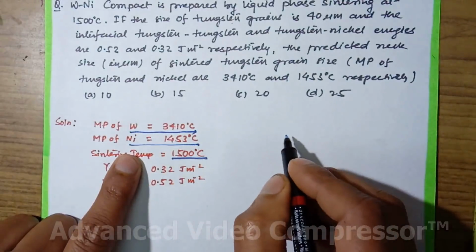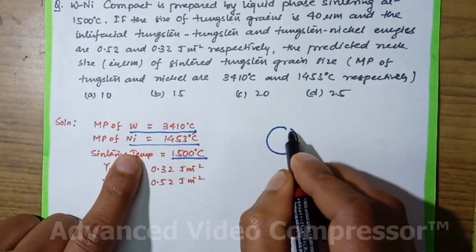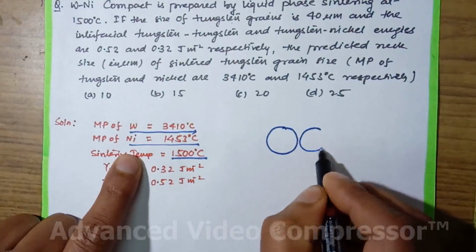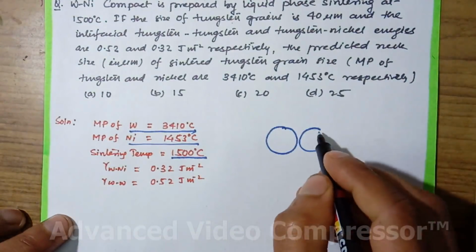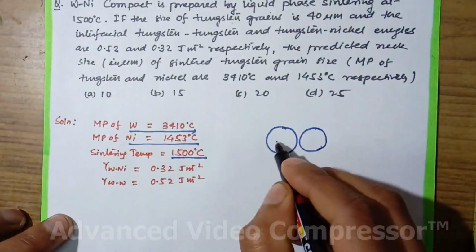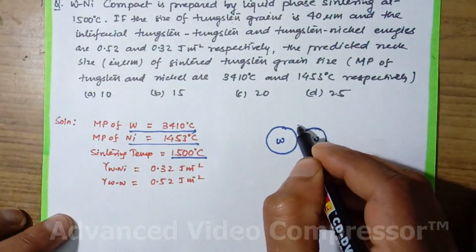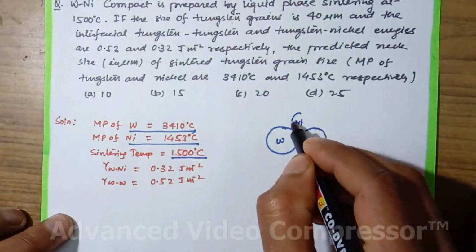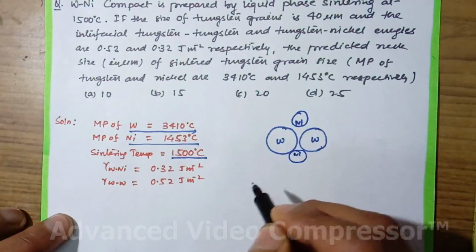So I will try to draw the diagram. Just before the sintering, this is tungsten, and somewhere in the middle nickel particles will also be there.